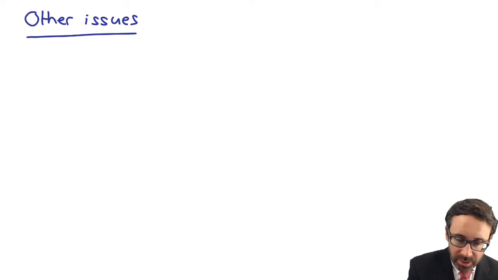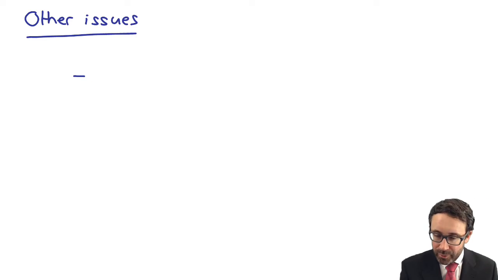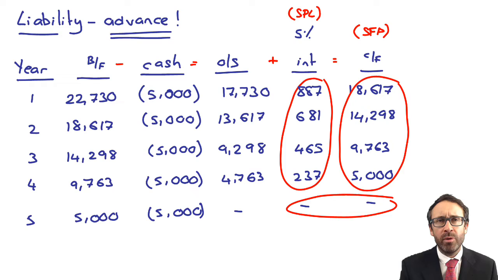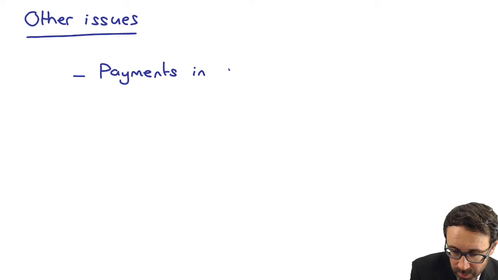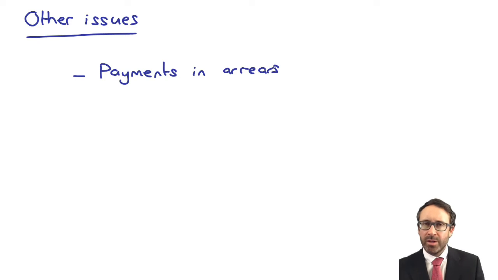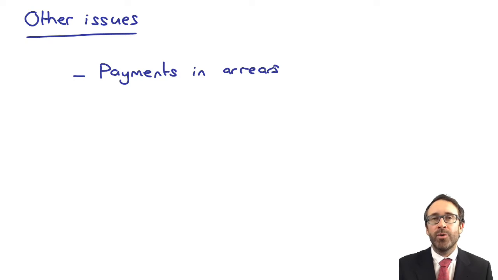First one is looking at the payments, because in that previous example, we went through and looked at payments in advance, didn't we? Well, we need to have a look at what happens with payments in arrears, and how that impacts our lease liability table.